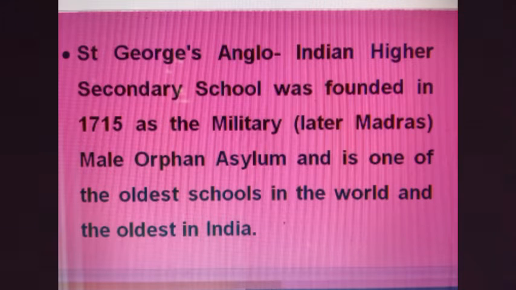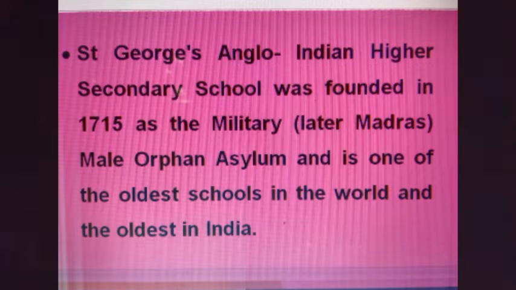St. George's Anglo-Indian Higher Secondary School was founded in 1715 as the military, later Madras, male orphan asylum and is one of the oldest schools in the world and the oldest in India.